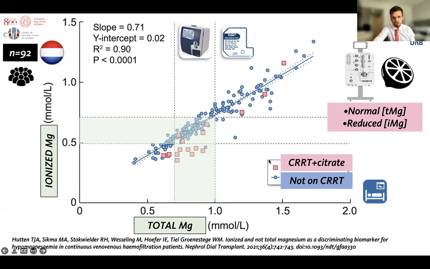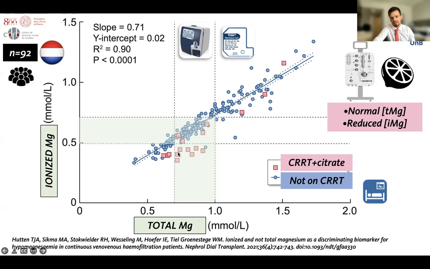The circles represent patients not on CRT, and we can see there is a linear correlation. This darker area represents the normal concentration of total magnesium, 0.75 to 1. And here the normal range for ionized magnesium is from 0.5 to 0.75.